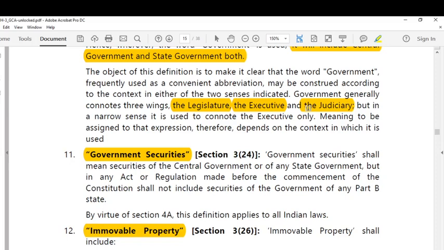The meaning to be assigned to that expression therefore depends on the context in which it is used. See, government generally connotes three wings: legislature, executive, and the judiciary. But in a narrow sense, it is used to connote the executive only.